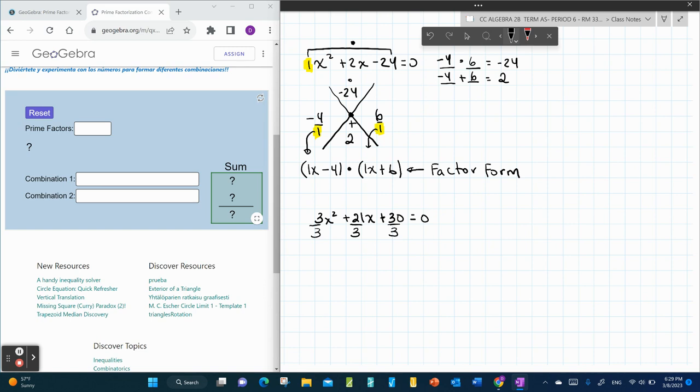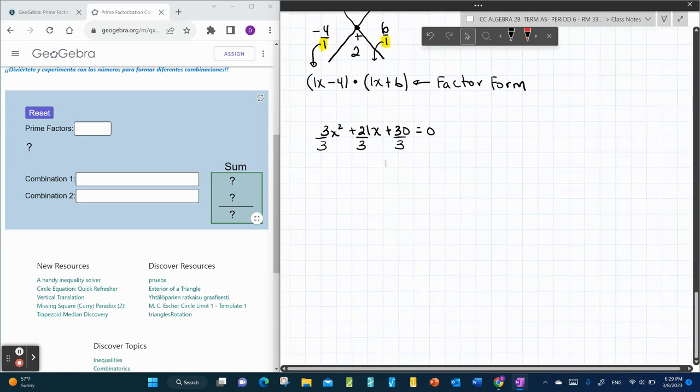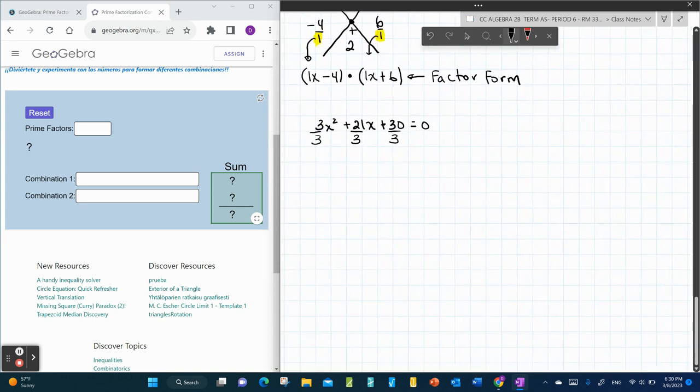And so the end result is that as soon as I do that, I can cross this out. And if you remember, I end up writing it like this. My first number here becomes x squared. 21 divided by 3 becomes 7x. And 30 divided by 3 becomes 10.